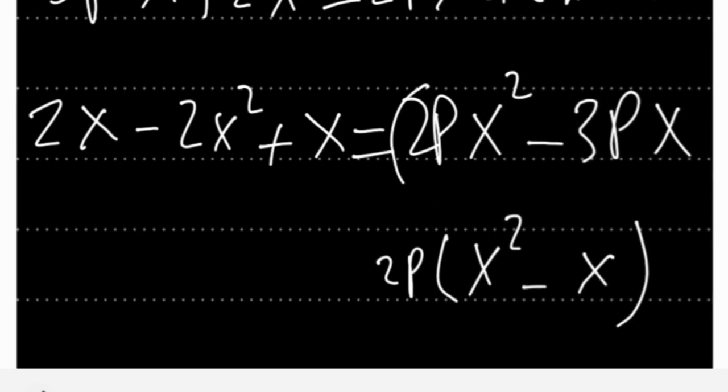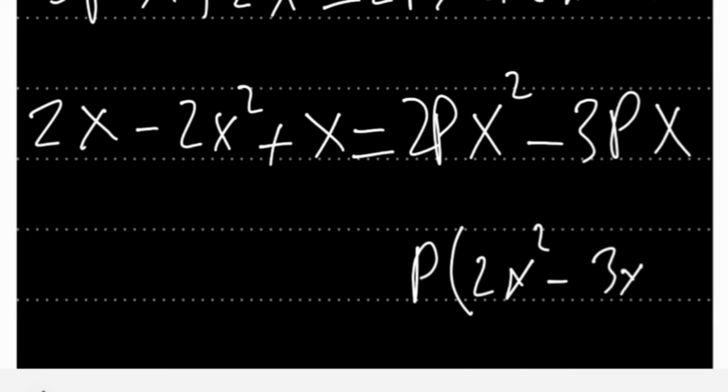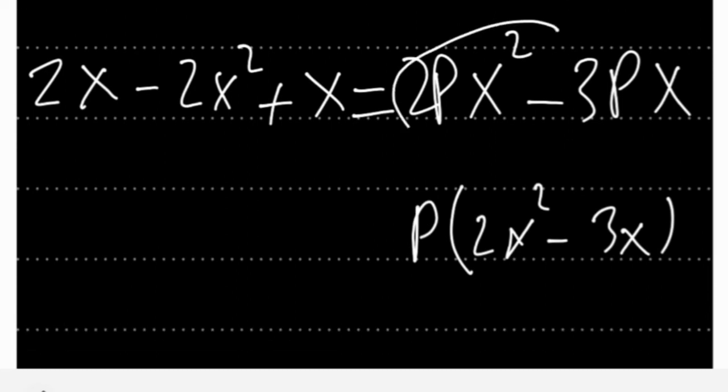So what did I do here? I just took the, actually, sorry, I can't take the 2p, it's just the p. So look, I'm going to take the p because they both have a p. So p multiplied by 2x squared minus 3x, right? Look, if you multiply the p inside, you will go back to what we had over here.